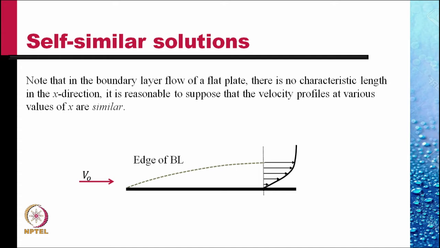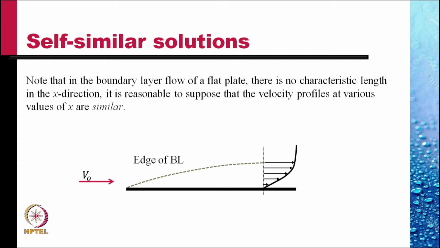In the sense that if we take velocity profile at one station, we can scale it properly to fit at any other station. These are known as self-similar solutions.